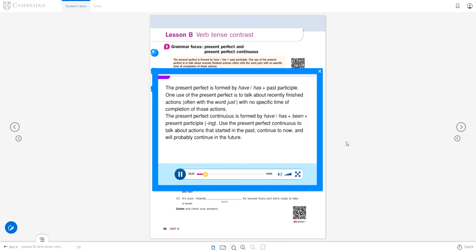One use of the present perfect is to talk about recently finished actions, often with the word just, with no specific time of completion of those actions. The present perfect continuous is formed by have, has, plus been, plus present participle, ing. Use the present perfect continuous to talk about actions that started in the past, continue to now, and will probably continue in the future.